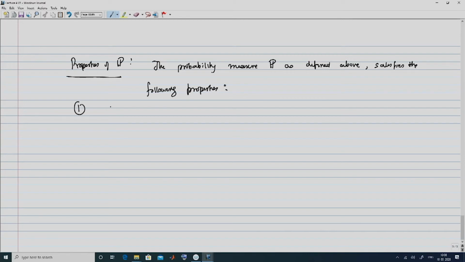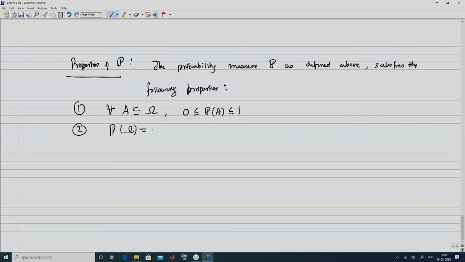The first property is the range. As before, for all events A in sigma, 0 is less than or equal to P of A, less than or equal to 1. So, the probability lies between 0 and 1 both inclusive.